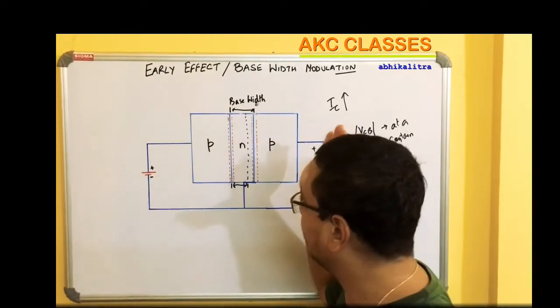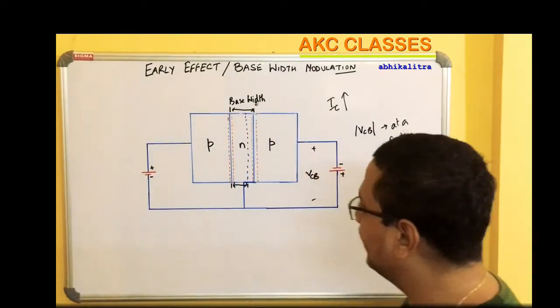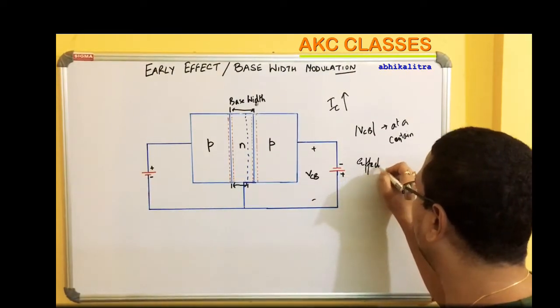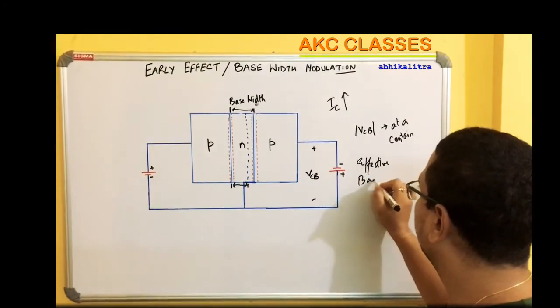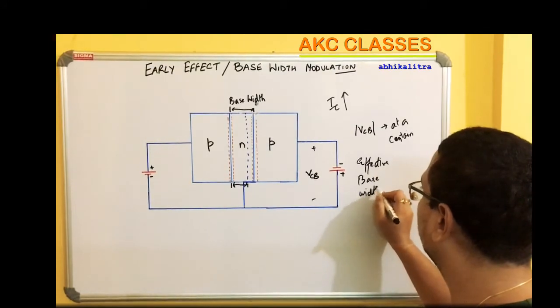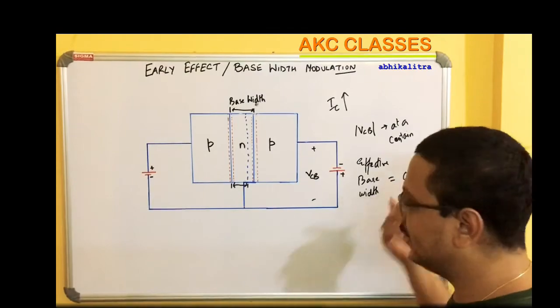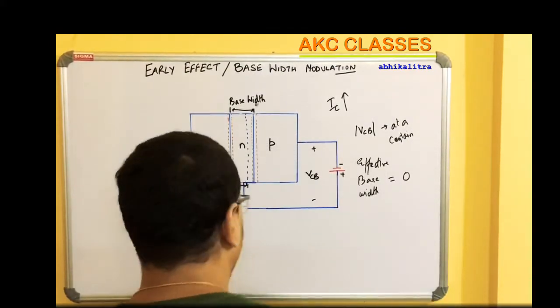The depletion region will take over the entire base section, reducing the effective base width to 0. So if the effective base width is equal to 0, now what happens?